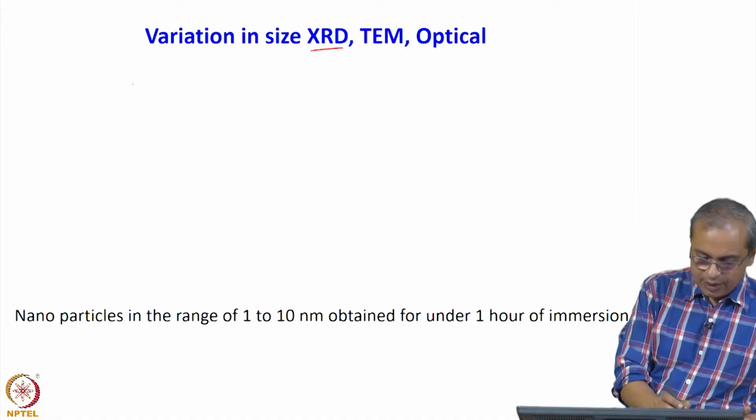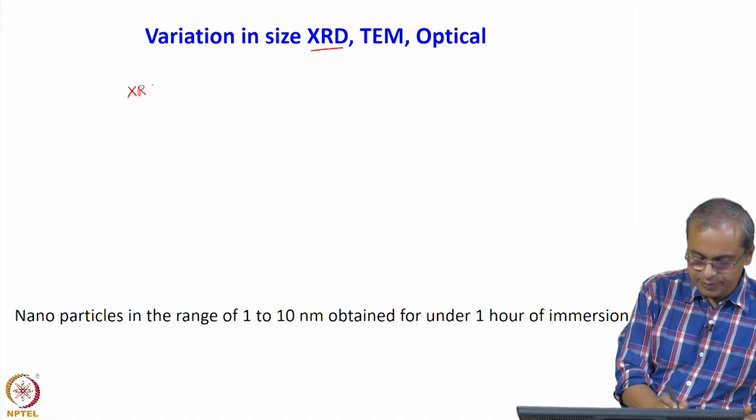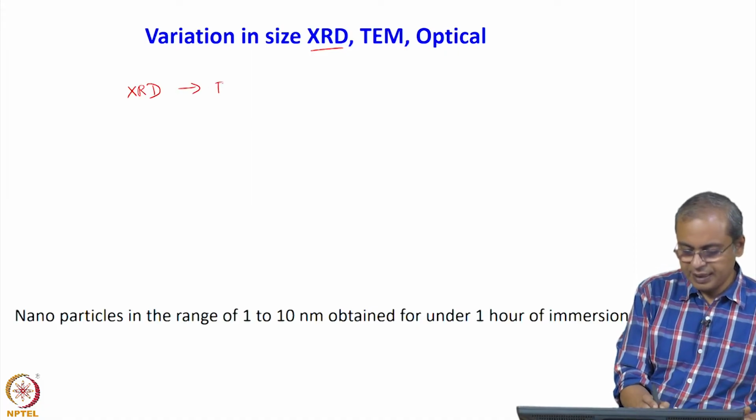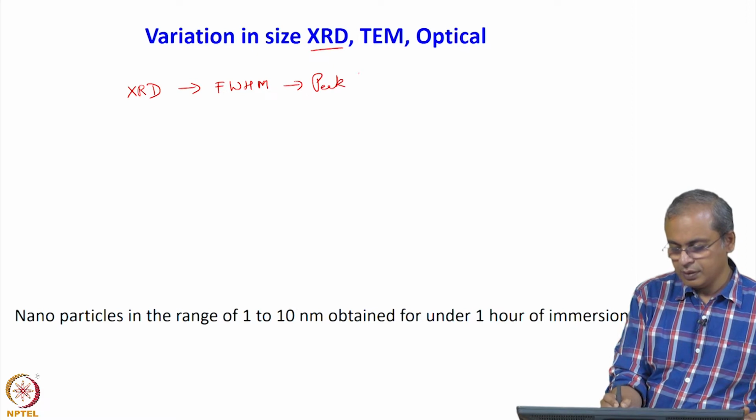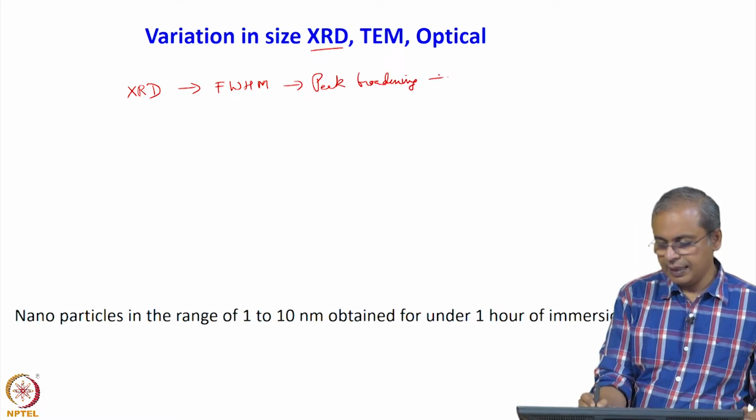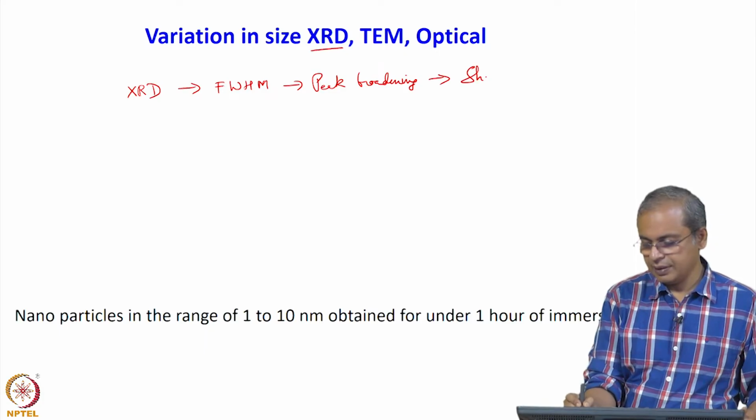So, there is an XRD approach to do this using full width at half maximum, peak broadening, and the use of the Scherrer equation.